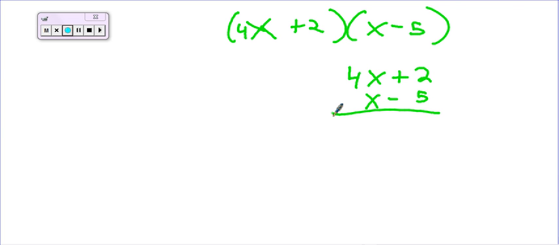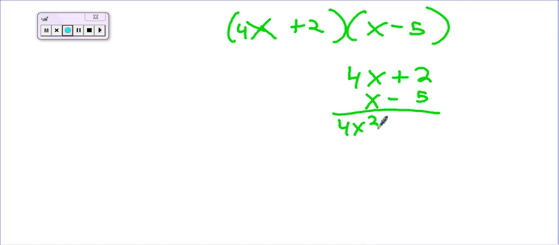We're going to multiply them: 4x plus 2 times x minus 5. Ready for this? What is 4x times x? 4x squared. What is 2 times negative 5?